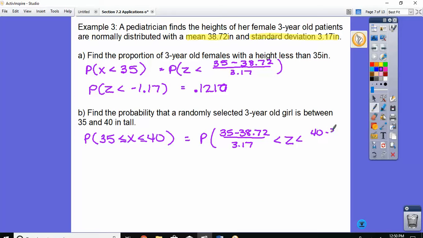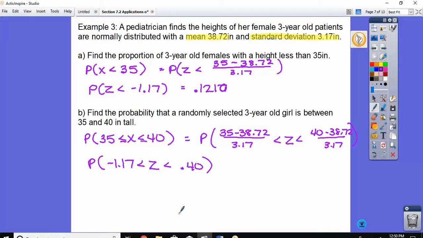So X minus the mean over the standard deviation. So you get your z's, this is negative 1.17 is less than z is less than 0.40.